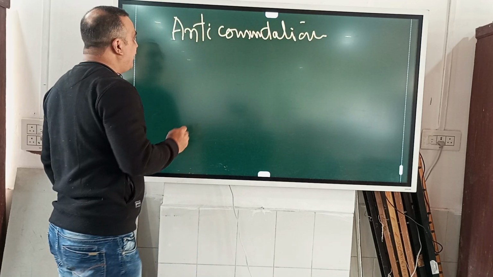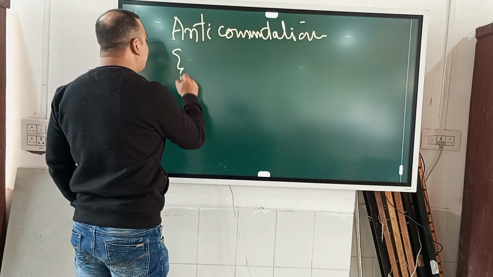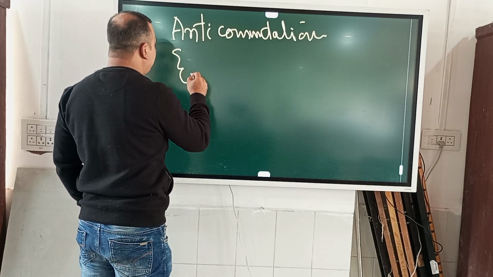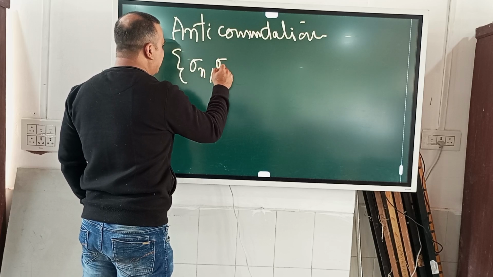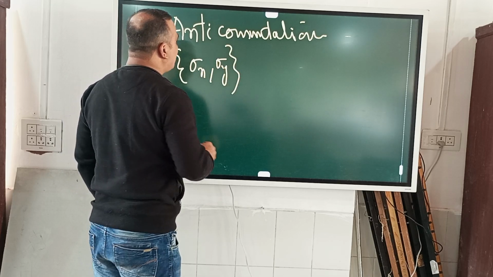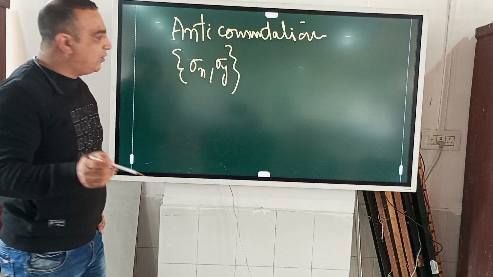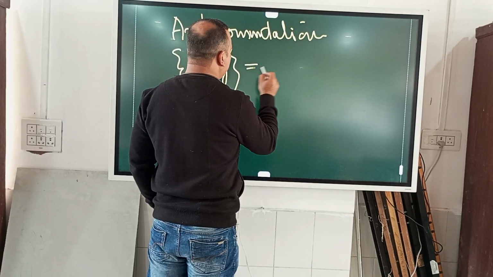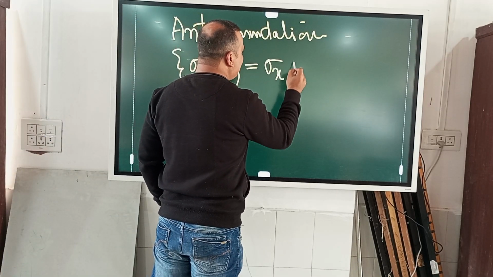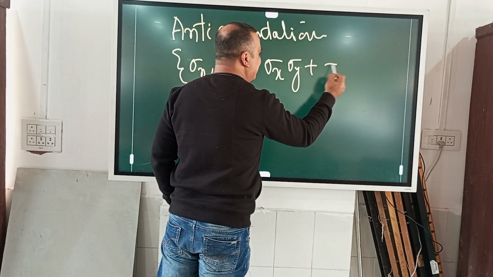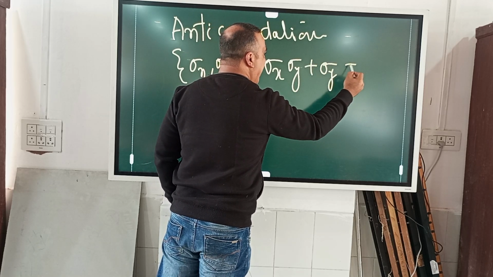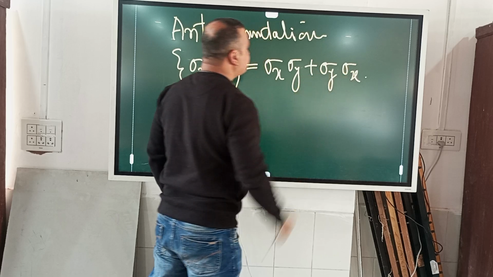Now for anti-commutation, I will use the curly brackets. For anti-commutation of sigma x and sigma y, in order to calculate it, what we need is sigma x sigma y, and then all we have to do is add this to sigma y sigma x.